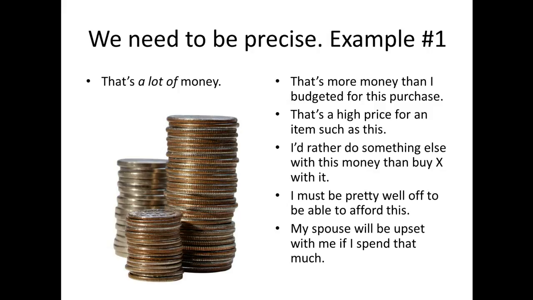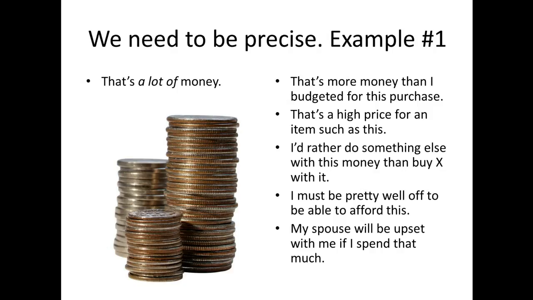It could mean, "I must be pretty well off to be able to afford this." Or it could mean, "My spouse will be upset with me if I spend that much." Or it could be many other meanings. You see how very different the meaning is when we're more precise. So in your writing, push yourself beyond the emotional sentence and go with the precise meaning.